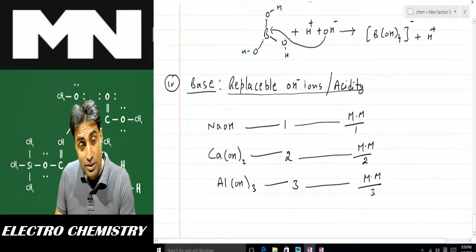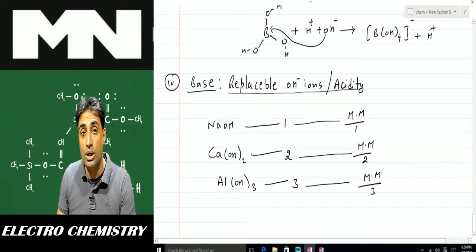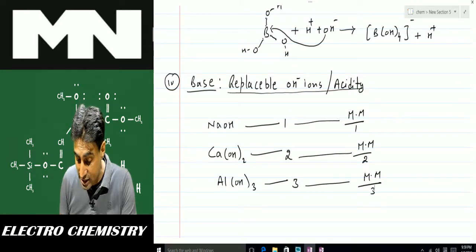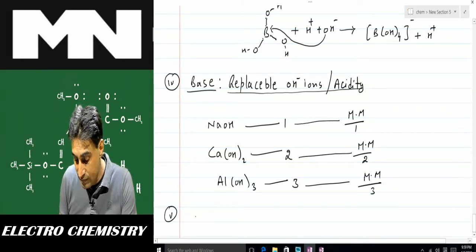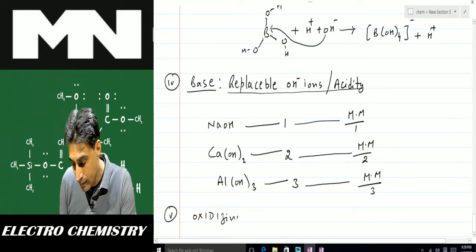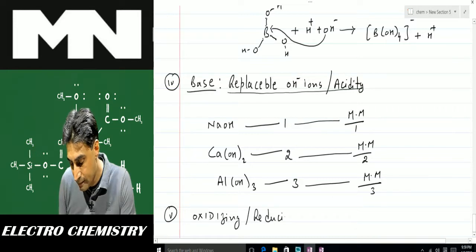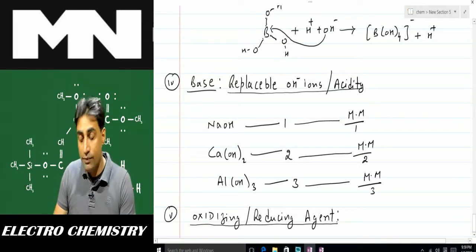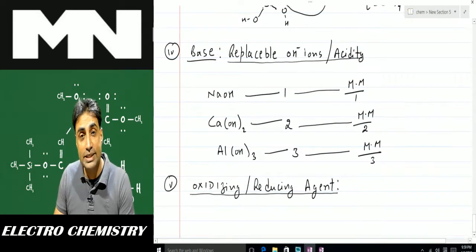The last substance about which we will be talking is an oxidizing and reducing agent. N factor of an oxidizing or reducing agent.